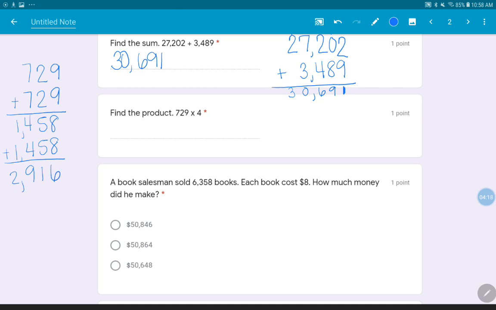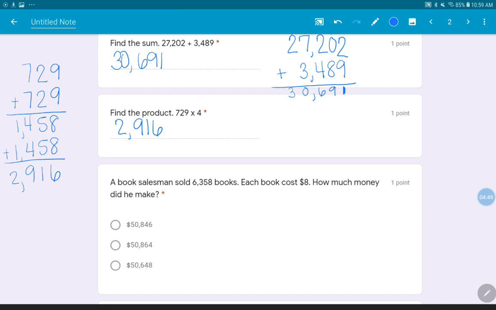So why did you add 729 plus 729? Because it said 4 times. Okay, so that gave you 729 twice. So then why did you add 1,458 again? Because that would be 2 more times. Very good. Okay, so the correct answer is 2,916. Is there another way that we could solve that?